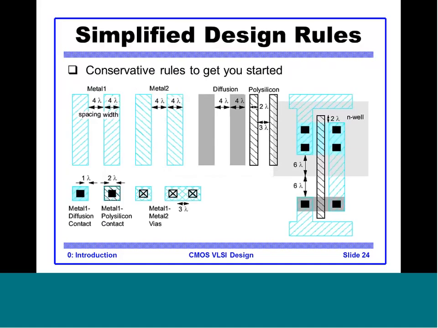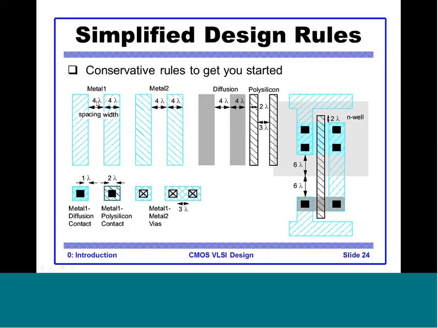Now, these are simplified design rules, an example of design rules. Let's say you have a metal deposition. Metal 1 and metal 2 are made up of the same material, only the orientation might be different and the width might be different. That is, if metal 1 is being routed in the horizontal direction, it might happen that metal 2 is routed in the vertical direction.